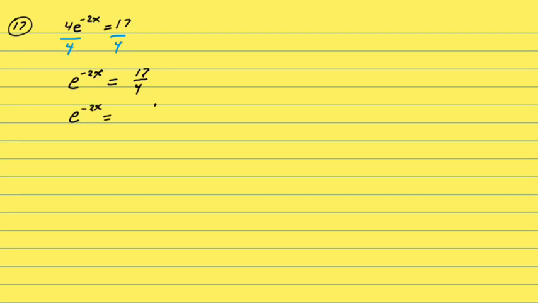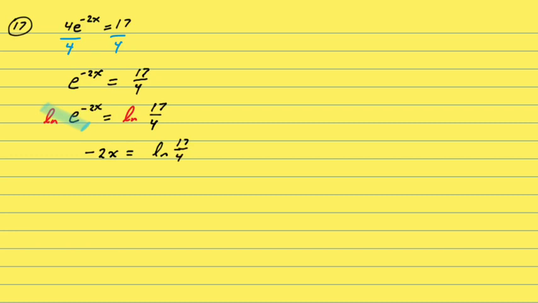I'm rewriting it, leaving a little room because I don't know if you're familiar with it or not, but the inverse function of e to a power is natural log. So if I take the natural log of both sides, whatever I do to one side, I have to do to both sides. The natural log and the e eliminate each other. So that leaves me with negative 2x equaling this.